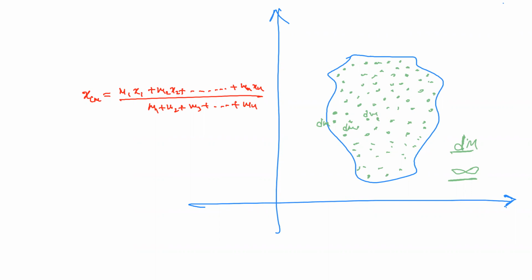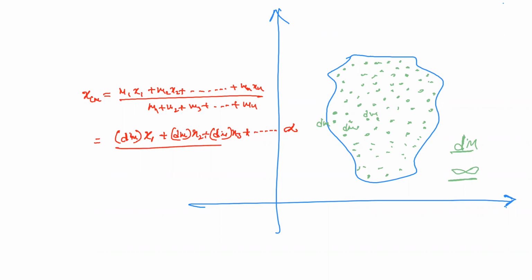Now we have infinite number of masses, so for each and every coordinate we write dm. Let's take x1 for one dm, next dm into x2, next dm into x3. Like this, there will be an infinite number of terms.